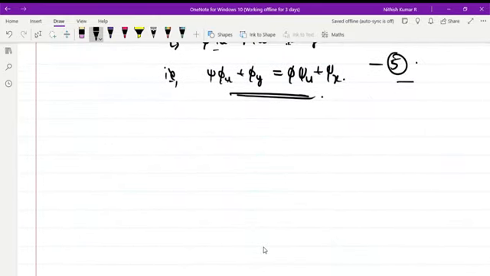We shall now get the expression in terms of f and g, because this equation is now in phi and xi, so I need it in terms of f and g.